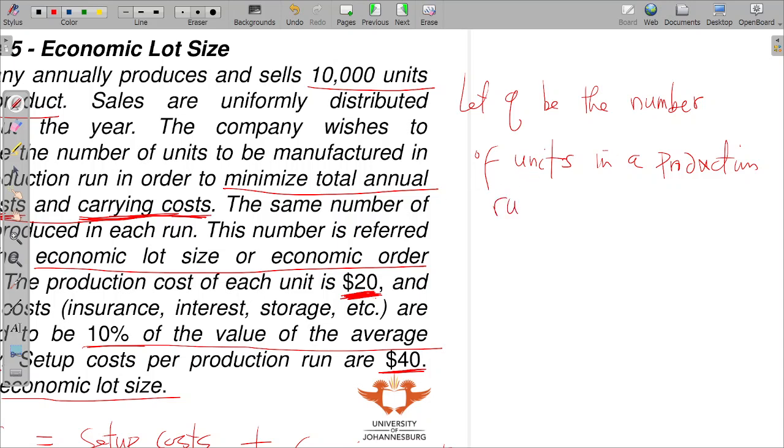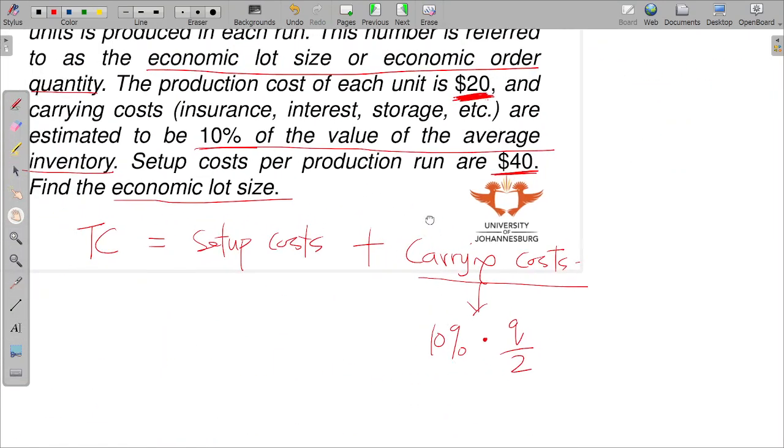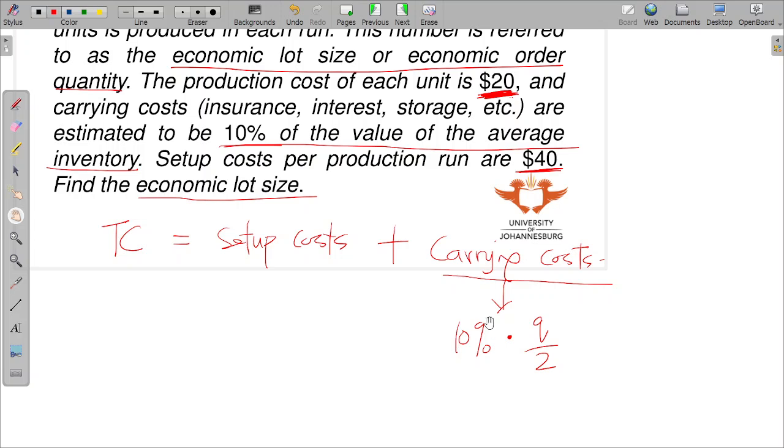It could be X also; you can make this X. So let Q be the number of units in a production run. So carrying cost is now 10% multiplied by Q over 2, but it has a cost with it, which is 20. So I multiply it times 20.